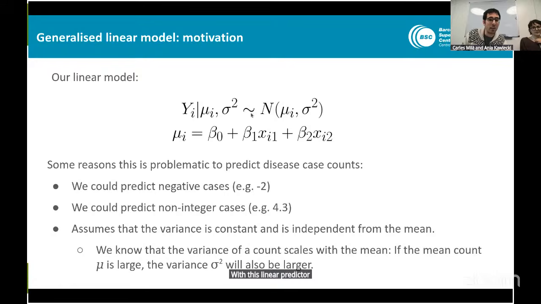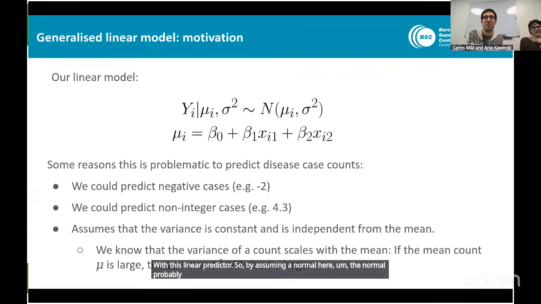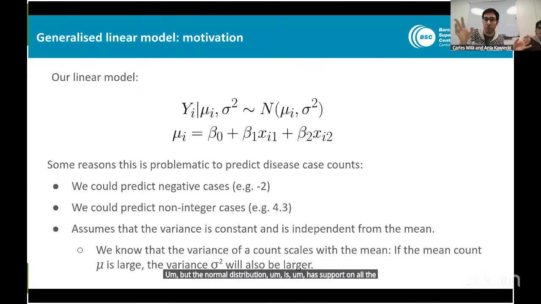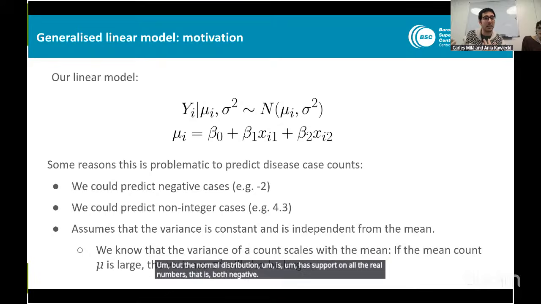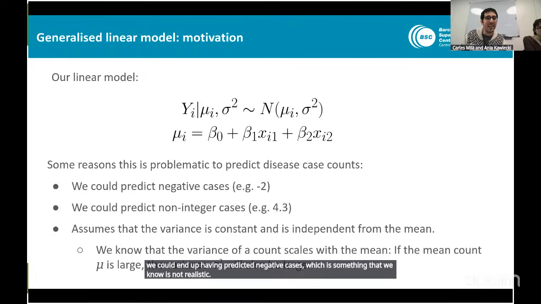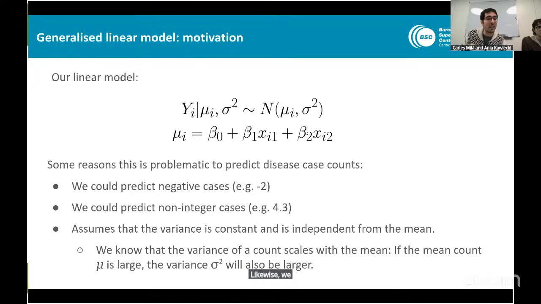The normal is a distribution you are very familiar with, the bell shape, but it has support on all the real numbers, both negative and positive. That means that if we use this model, we could end up with predicted negative cases, which we know is not realistic. Likewise, we could also end up predicting non-integer cases, which is also a bit problematic.